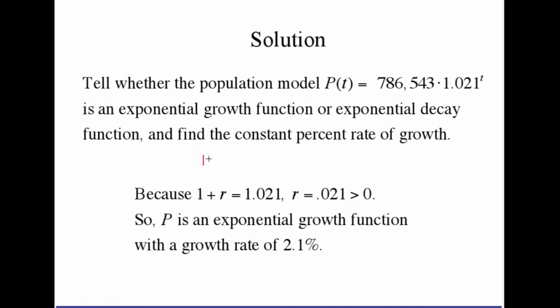When we break that up into 1 plus R, that would equal 1 plus 0.021. The 0.021, like I explained in the previous slide, is your rate, or your growth rate. And since that rate is greater than 0, we have what we call an exponential growth function.